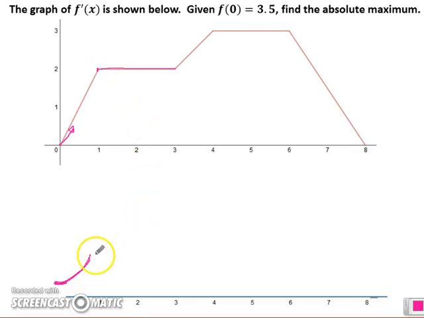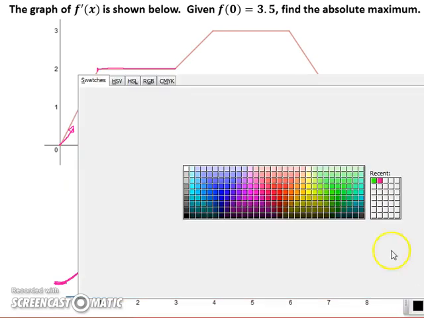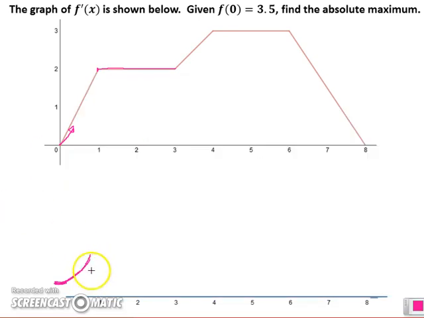So if we draw the original graph, the slope of the tangent line is 2 from 1 to 3. So that looks like a line, changing my color to make a line.